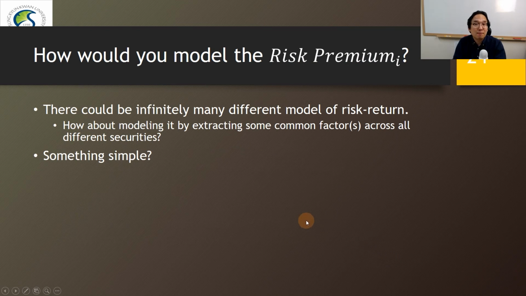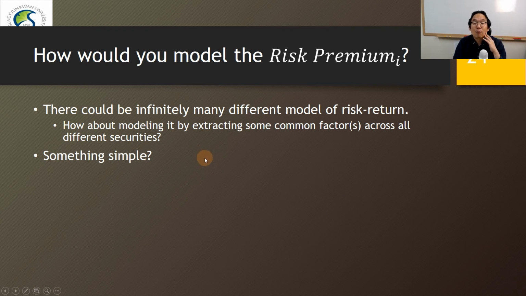Not only CAPM, but what we're going to face in the future. Now, how would you model this one? There could be infinitely many different models of risk and return. High risk, high return. How would you model it? How about modeling it by extracting some common factor Z across all different securities, plus something simple?